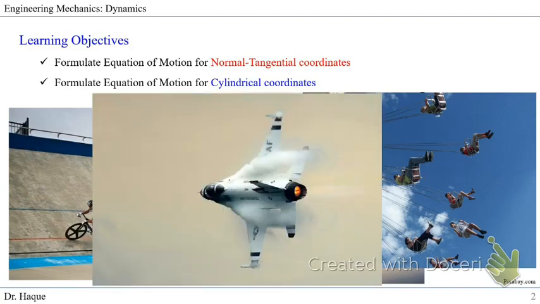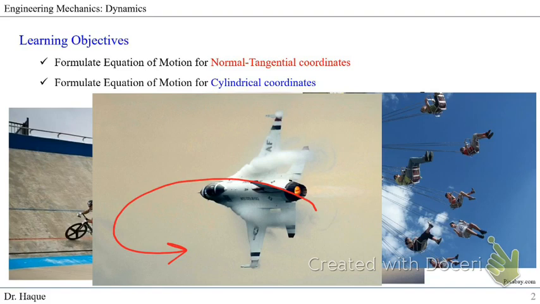And also you see the jet is having a sharp turn. So it's having a turn, and in this case the pilot will feel normal and tangential components, and the seat will exert a normal force on the pilot when he is having a curved path instead of a straight line path.